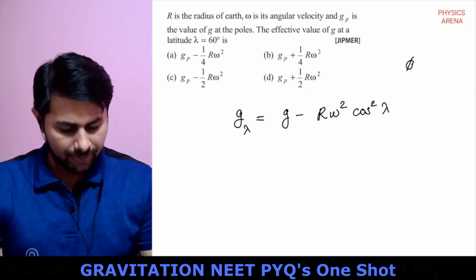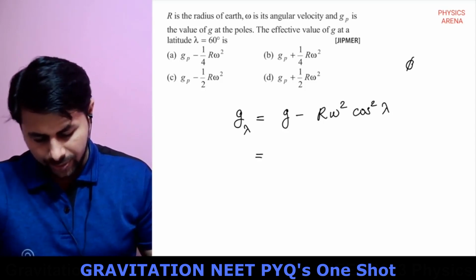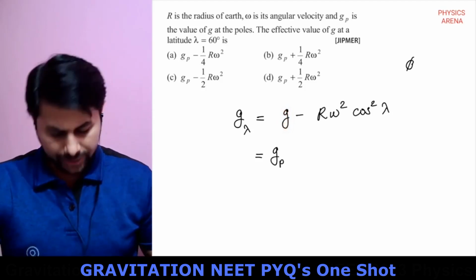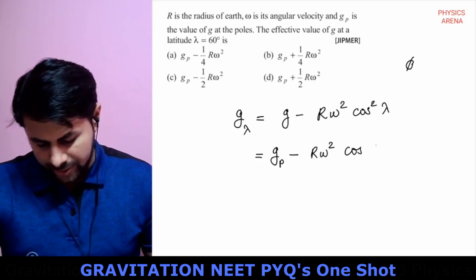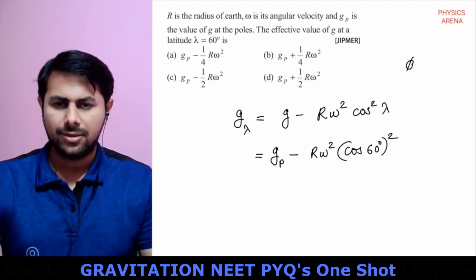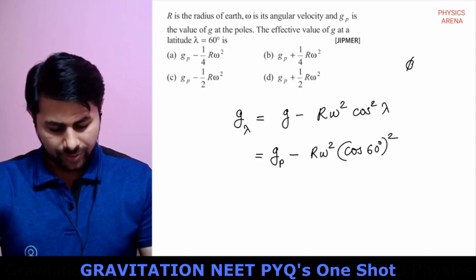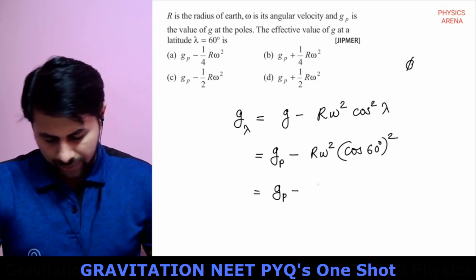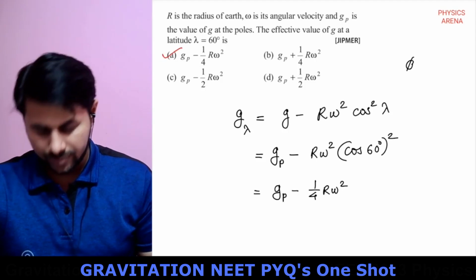So g at poles is Gp, so we can write this as Gp minus r omega square multiplied by cos of 60 degrees square. And how much is cos 60? 1 by 2, right? So 1 by 2 square, 1 by 4. So it is Gp minus 1 by 4 r omega square. Option A.